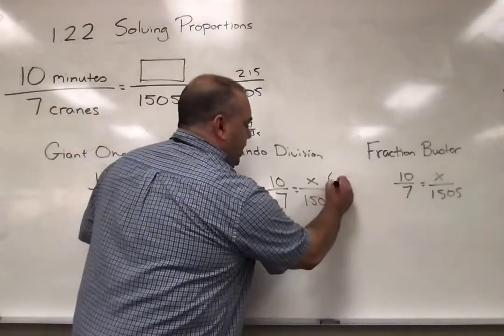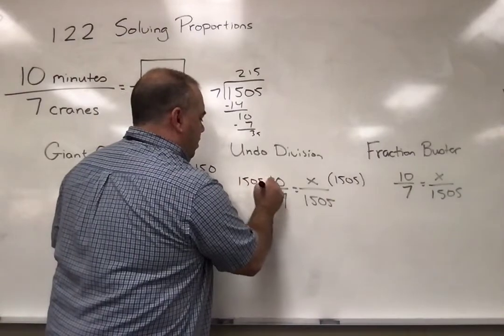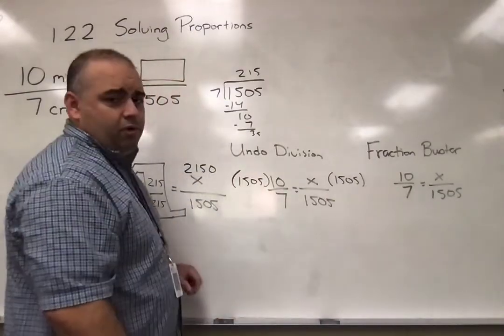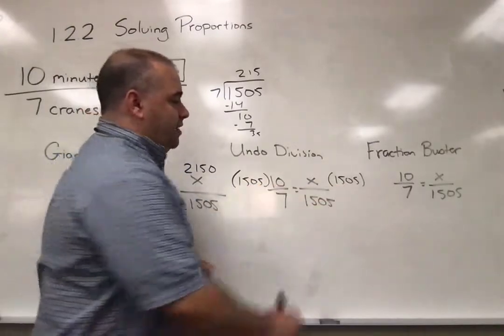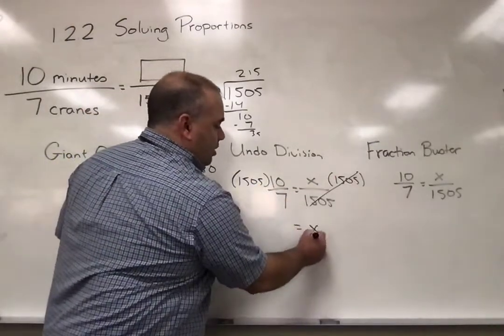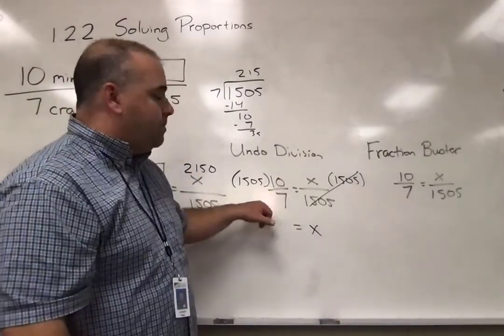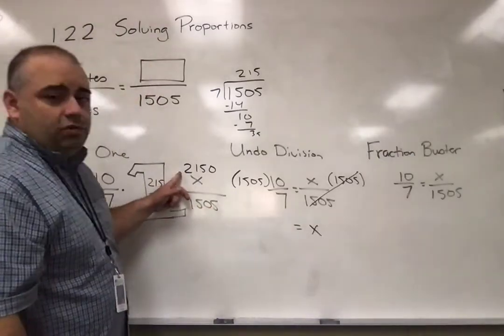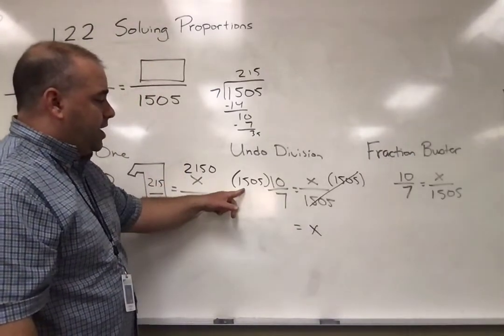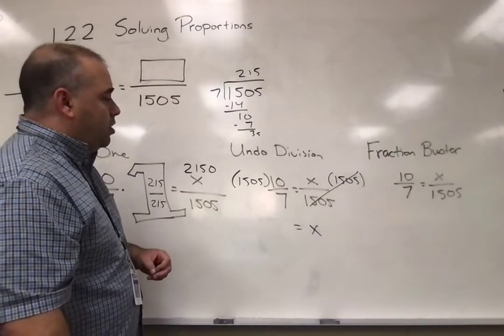If I multiply both sides, on this side 1,505 divided by 1,505 is 1, so I just get x over here. That's why this is important, because now we can get x all by itself. Now when I solve this math problem, I'll end up with my answer, which we already know is 2,150. So I multiply, and I end up dividing, and we end up there.